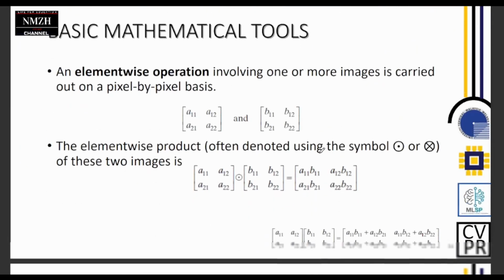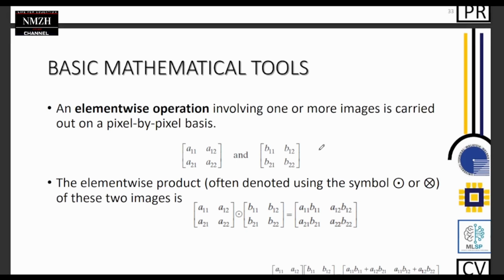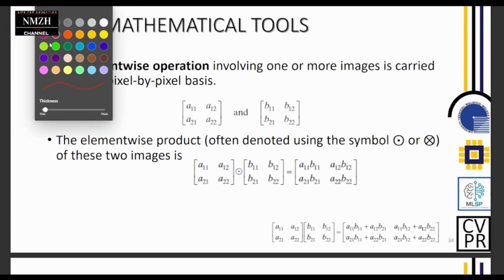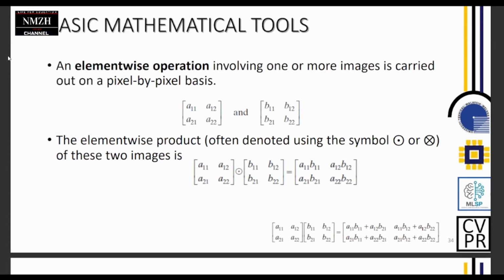Right. Okay, now we straight away jump to the basic mathematical tools. In this particular image processing lecture, there will be two things to be considered: how to measure the pixel element-wise from one image to a second image.